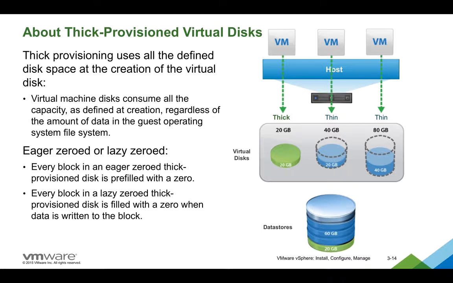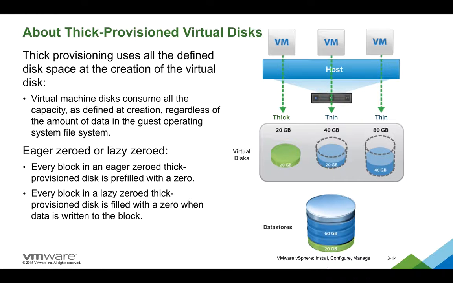Now, let's take a look at 2 different ways that you can thick provision a virtual disk. You have both eager zeroed or lazy zeroed. On an eager zeroed thick provisioned virtual disk, every block is provisioned pre-filled with a 0.